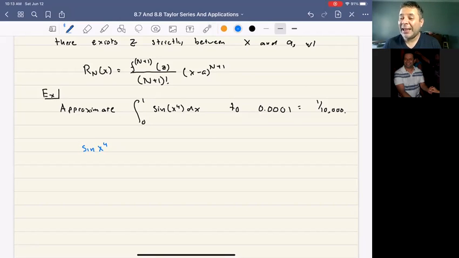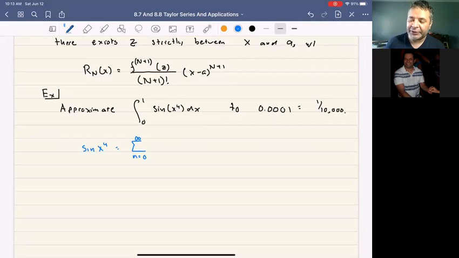Now remember, we have a series representation for sine. So we don't have to actually calculate all the derivatives. We can do it just directly from sine of x to the fourth, and it's going to be the same thing as if we had done it with the derivatives.